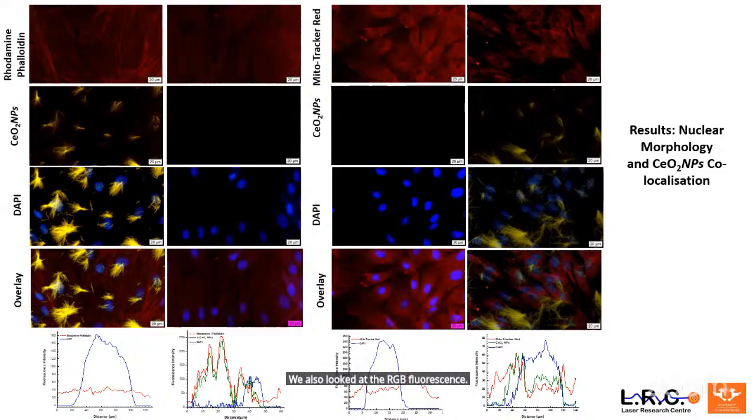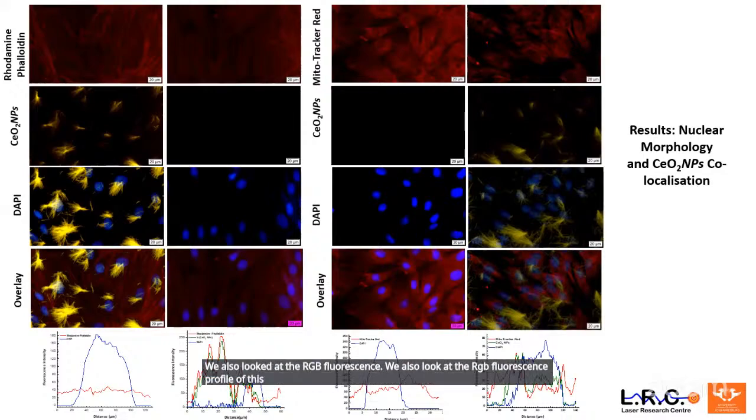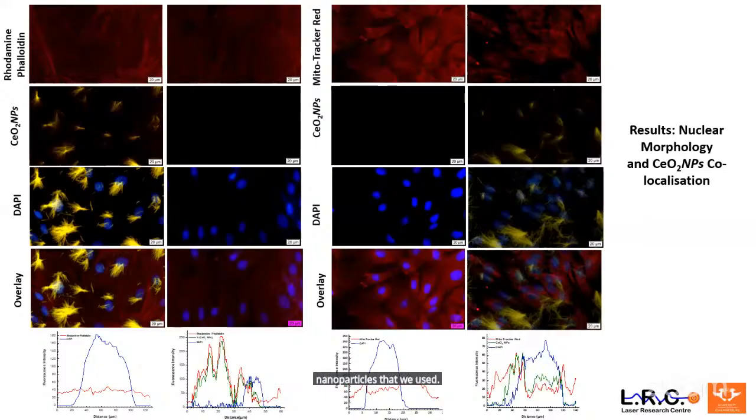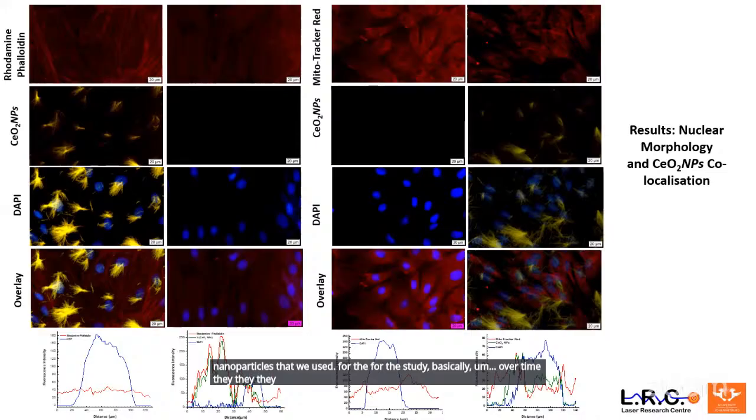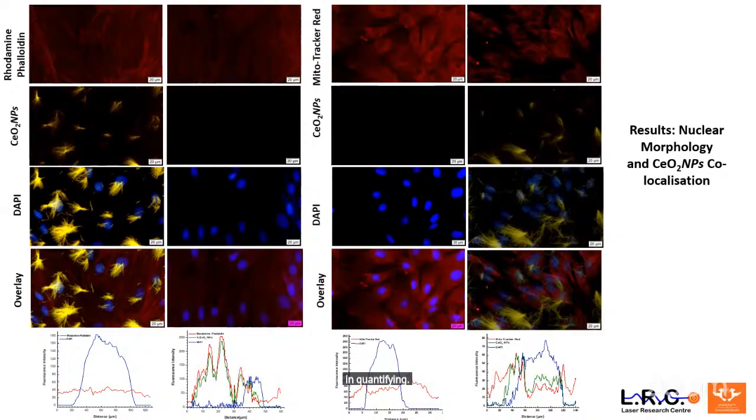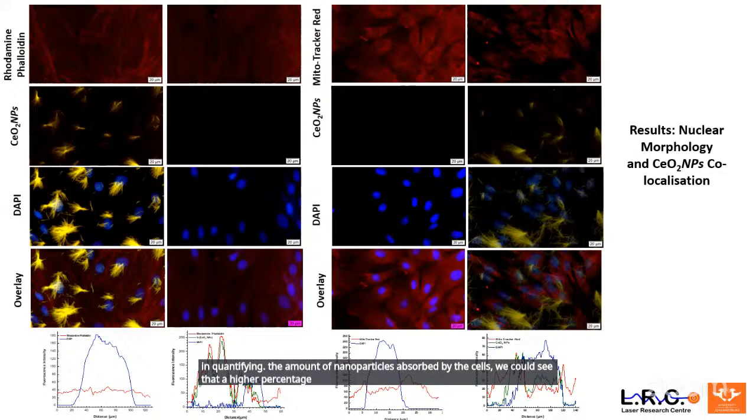We also looked at the RGB fluorescence profile of this, and this showed that the nanoparticles that we used for the study, over time, were more compatible with the cells. And in quantifying the amount of nanoparticles absorbed by the cells, we could see that a higher percentage was absorbed.